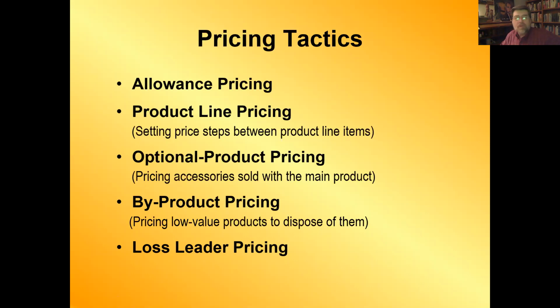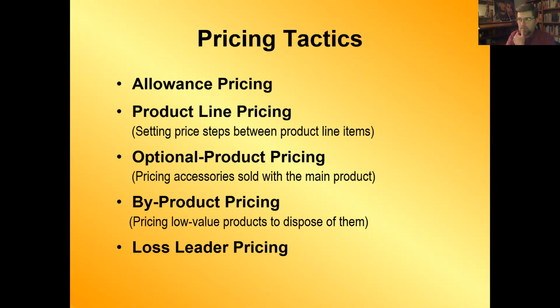And then we have allowance pricing. Allowance pricing is where you drop the price a little bit more, not in exchange for money but for something else. If you're buying something, they'll drop the price, and what you have to do is give them something. The most common one is trade-ins on a car.